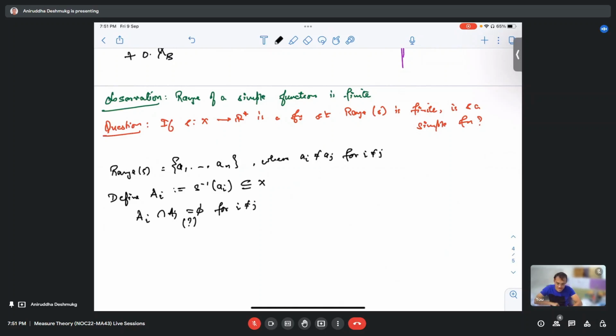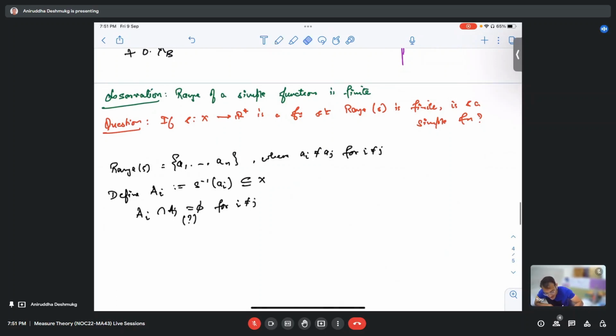No, it is empty, right? Because this AI and AJ are different, so no point can have two distinct images under S. So AI intersection AJ is empty whenever I not equal to J, and the union of AIs is all of X, right?